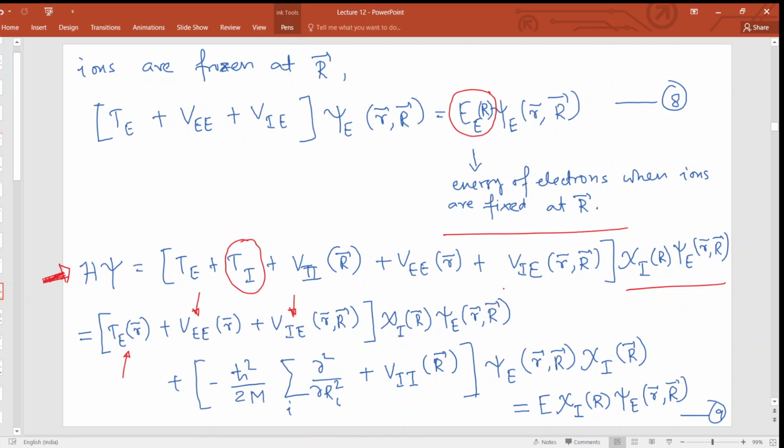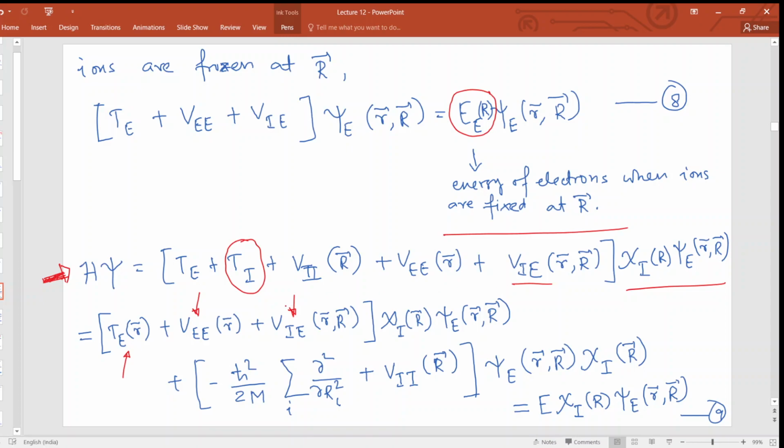However, at the bottom we have the general equation. In the H side you can see all these terms: the kinetic energy terms of electrons and ions, the ion-ion interaction, which is electrostatic interaction, the electron-electron interaction, and the ion-electron interaction. This is the total Hamiltonian.